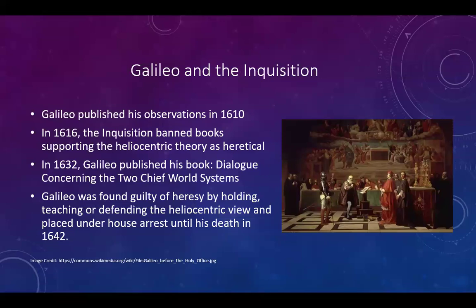Galileo published his observations in 1610, and then he went on to present his ideas in about the most acerbic and aggressive and kind of insulting way to his critics, which is a big part. So in 1616, the Inquisition banned books supporting the heliocentric theory as heretical. A big part of this is that the Protestant Reformation was in high swing.